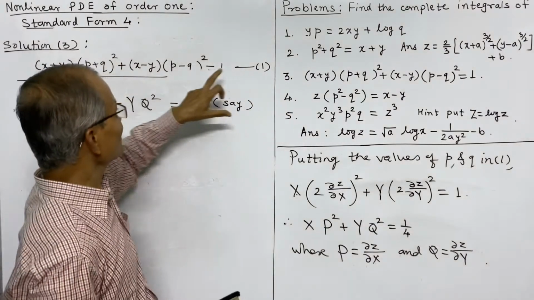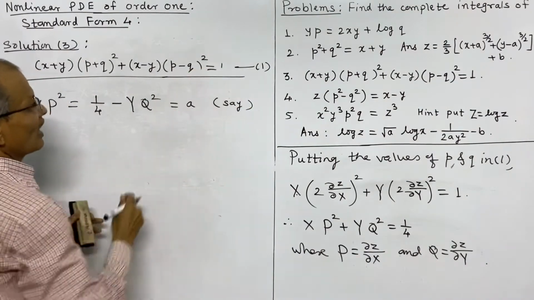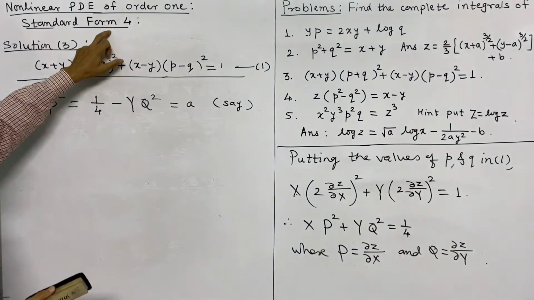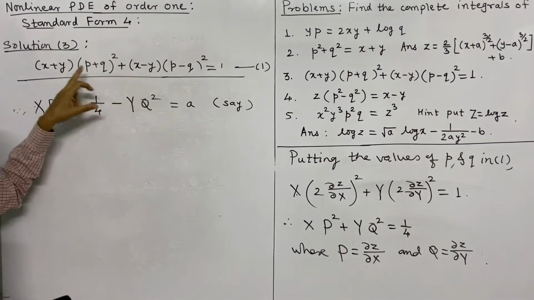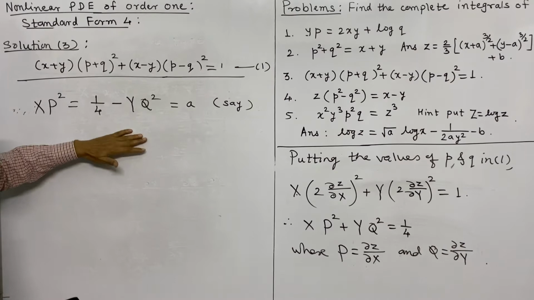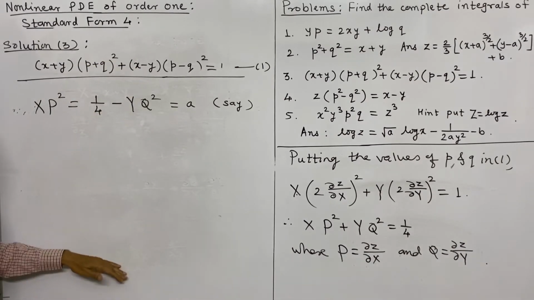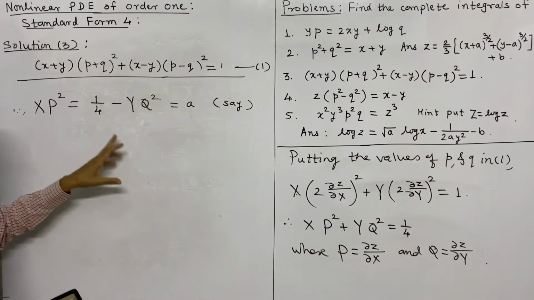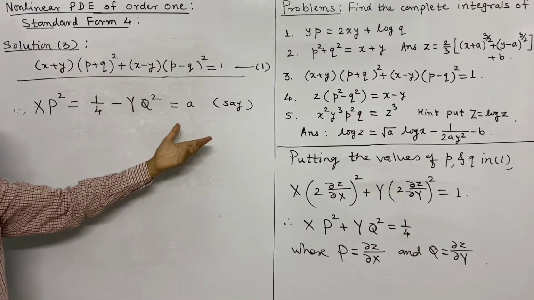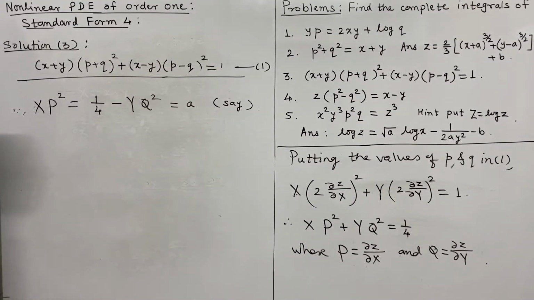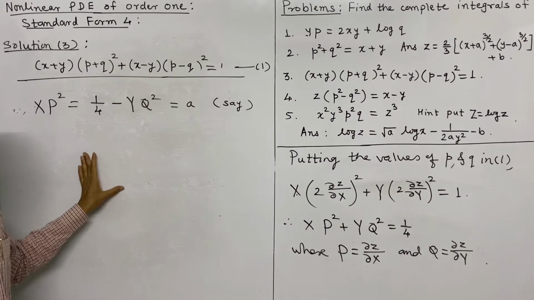Originally the equation is equation 1, and it is not of the standard form 4, and we have used the substitutions for these two terms and converted that equation into standard form 4. Now the method follows that of standard form 4. So suppose these are equal, they must be equal to a certain quantity, and suppose that is equal to A. And from that we have to obtain the value of capital P and capital Q.